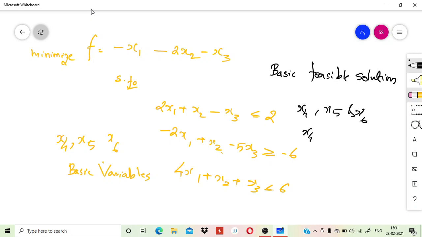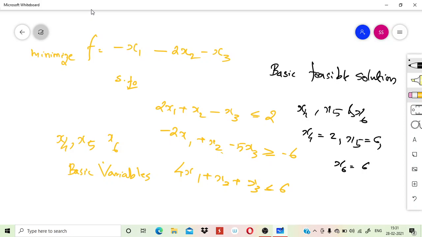Like x4 equal to 2, and x5 we got as 6, and x6 equal to 6, like this. So this solution is known as our basic feasible solution, right?